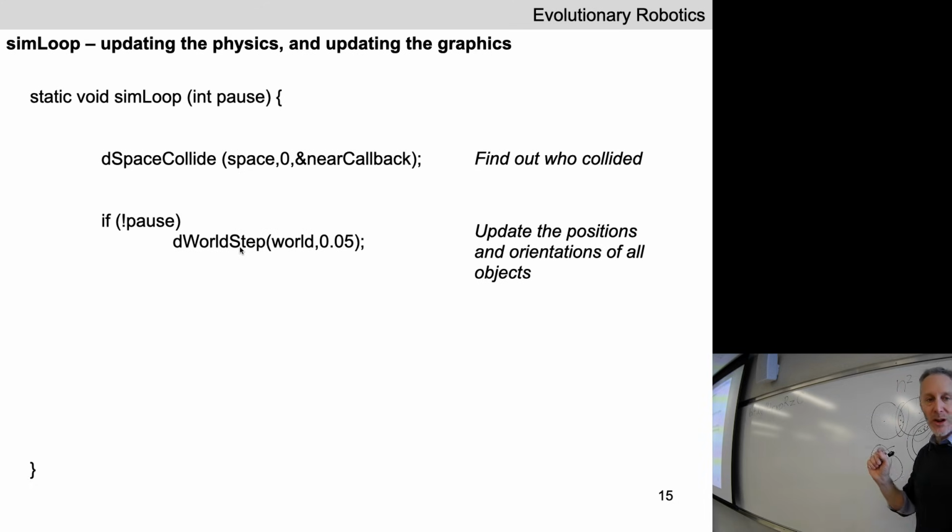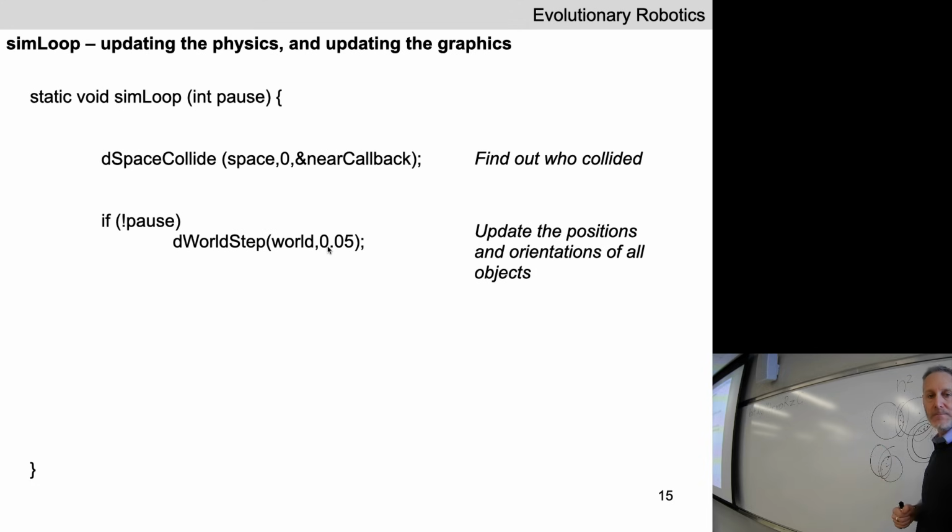You'll hear this very often when people are talking about physics engines. We're going to update the physics, assuming a certain amount of time elapses from one time step to another. This is the time step length. It's usually in seconds. So in this code snippet, we're saying that in this world, 0.05 seconds elapse from one frame to the next.